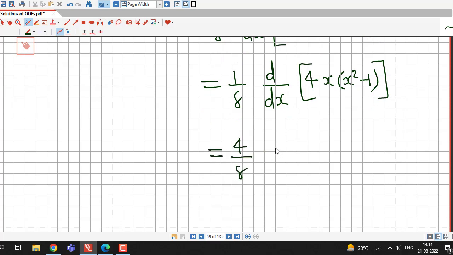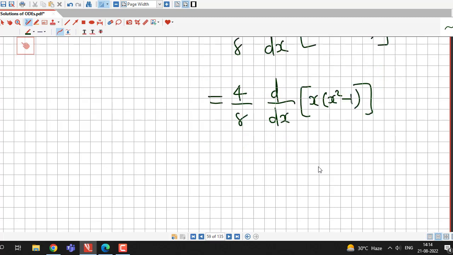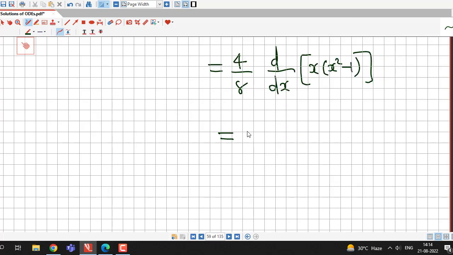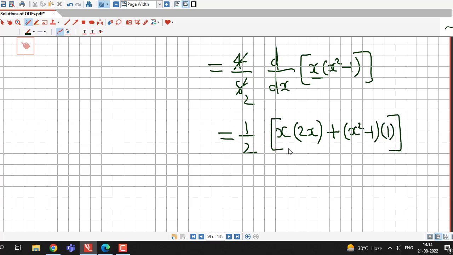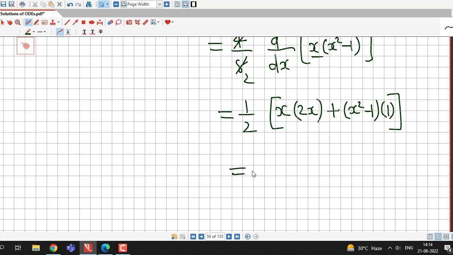We can take this 4 outside, so I have 4 by 8 into the derivative of x times (x² − 1), and I have a product of two functions, so I apply the product rule for derivatives. Here the 4 will cancel out, I have 1 by 2. First I keep x as it is, the derivative of x² − 1 is 2x, plus (x² − 1) as it is, the derivative of x is 1, and now I simplify this.